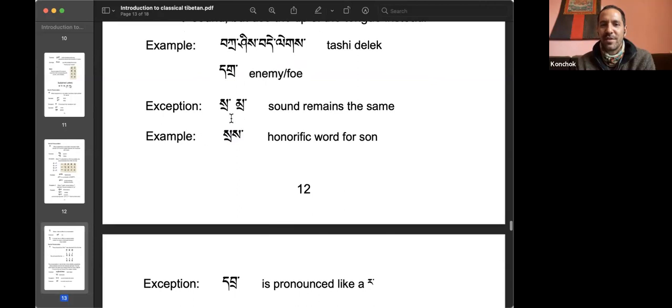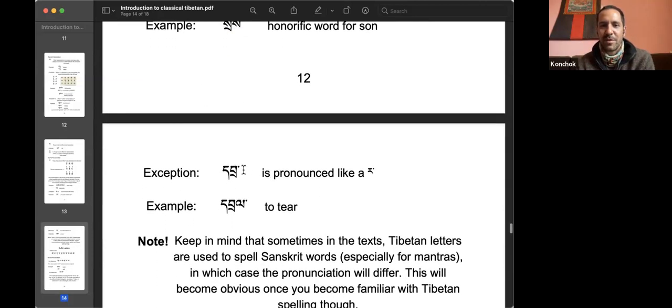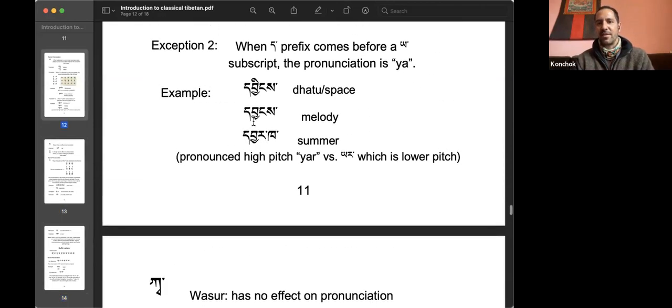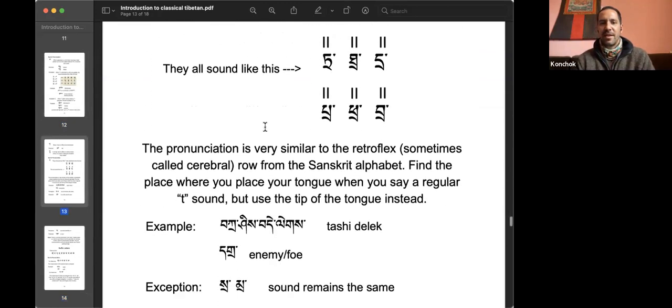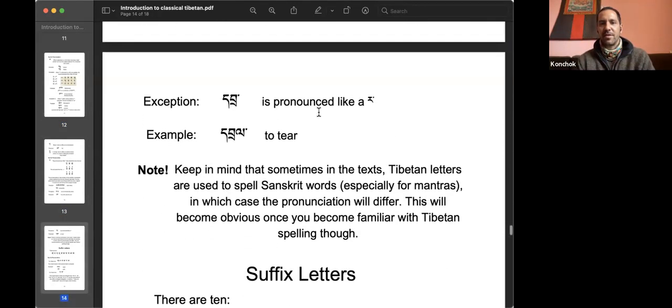Okay, the pronunciation is clear here. Another exception is when there is a Dao. Dao does something to the letters, because we have two exceptions with Dao: on the yatak and also on the ratak. The exception on the yatak, like we said, is that it turns into a ya, and here it also turns into a normal ra.